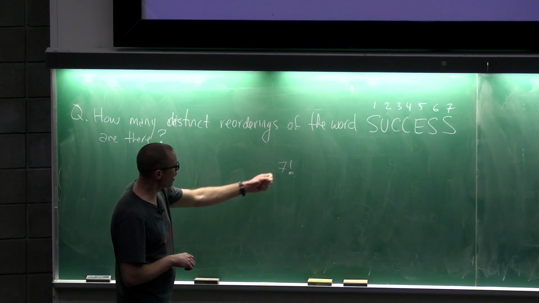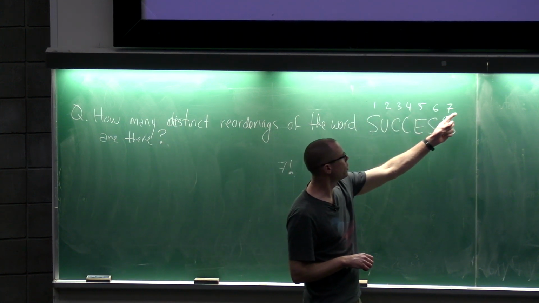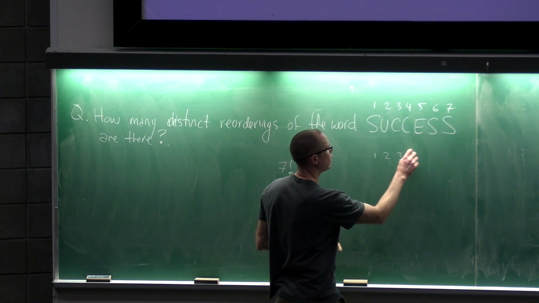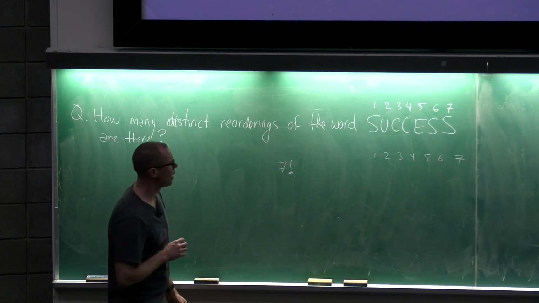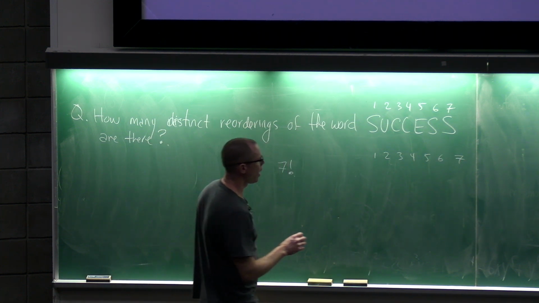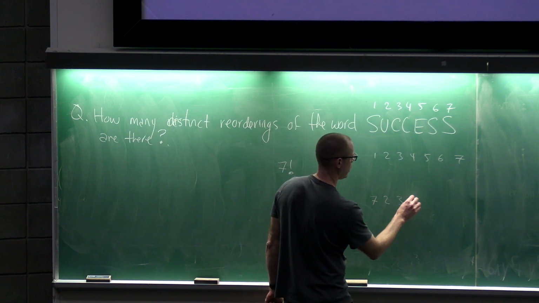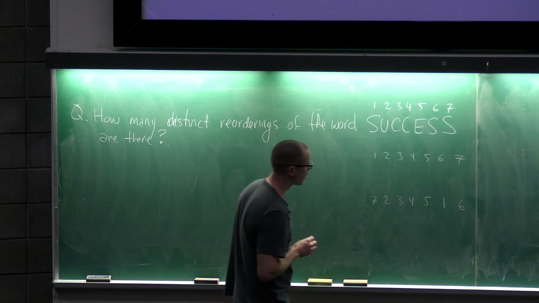So, for example, when I count permutations of 1 through 7, one of the permutations that I count is 1, 2, 3, 4, 5, 6, 7. Another permutation that I would count is 7, 2, 3, 4, 5, 1, 6.